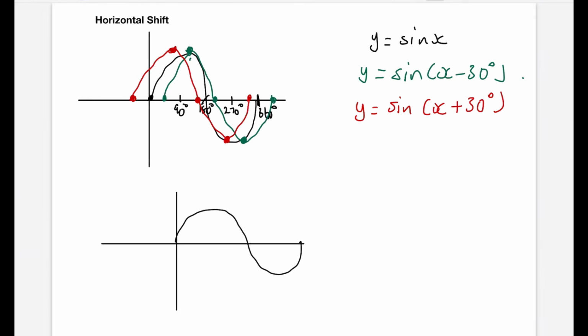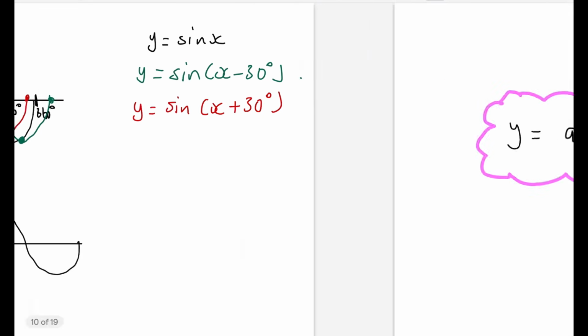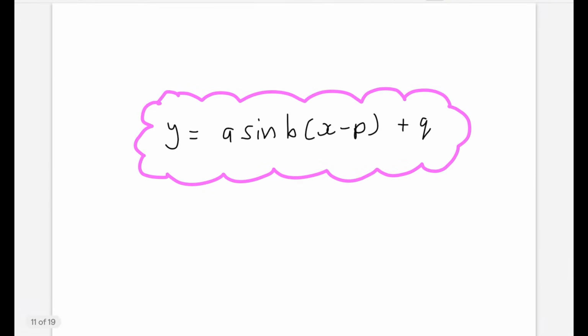Now, this brings me to the final general form of a sine graph. Y is equal to a sine b of x minus p, plus q. Let's remind ourselves what each of these do. A stretches the graph vertically.